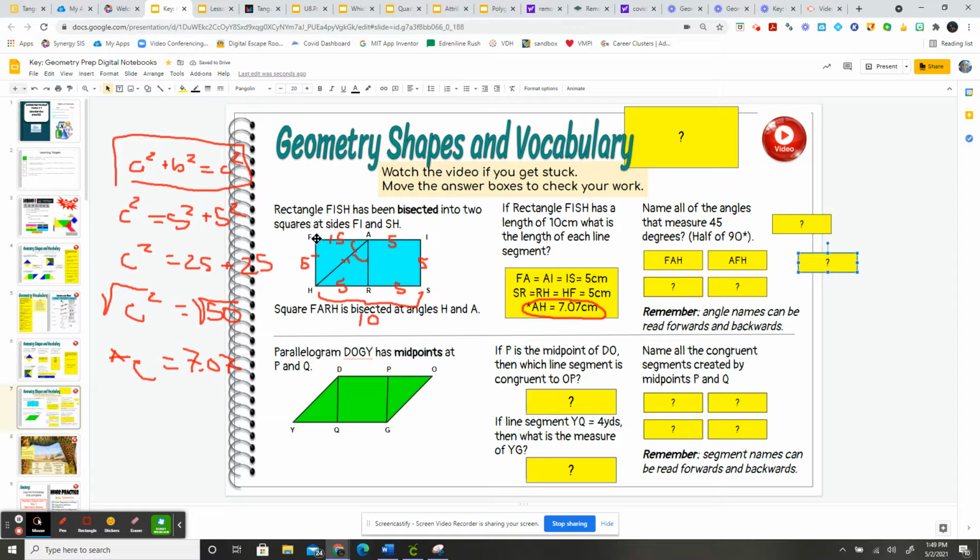AFH is not 90 degrees. That one should be HAR, I think. HAR. And then over here, we've got RAH.